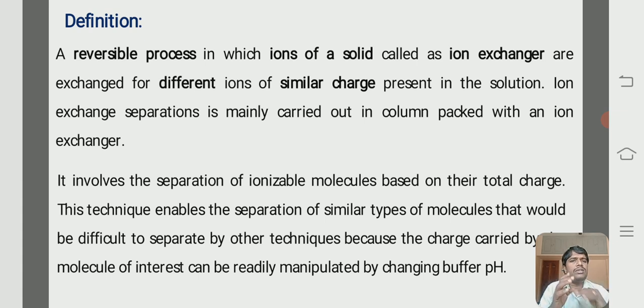It involves the separation of ionizable molecules based on their total charge. This technique enables the separation of similar types of molecules that would be difficult to separate by other chromatographic techniques, because the charge carried by the molecules of interest can be readily manipulated by changing the buffer pH.